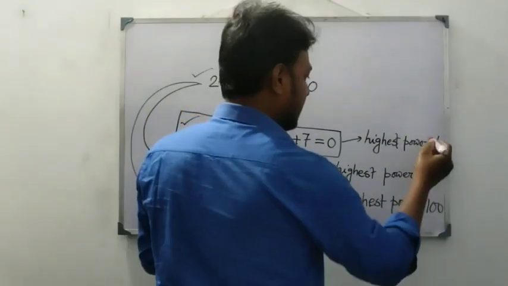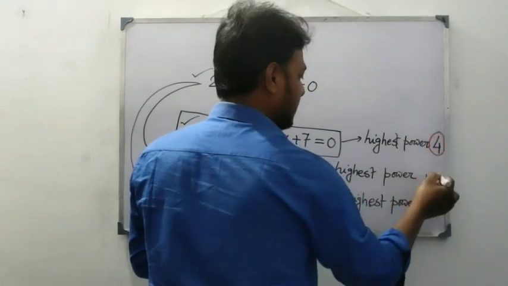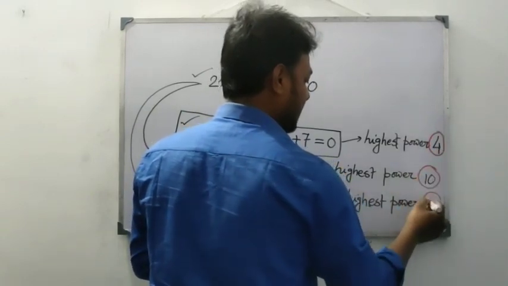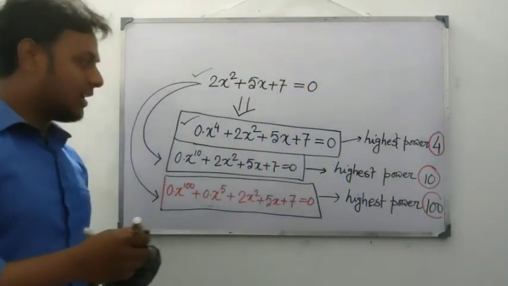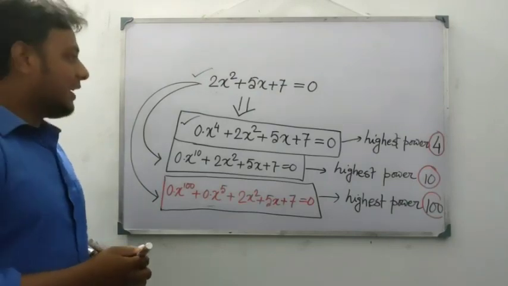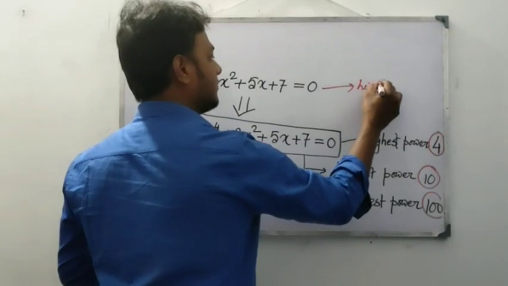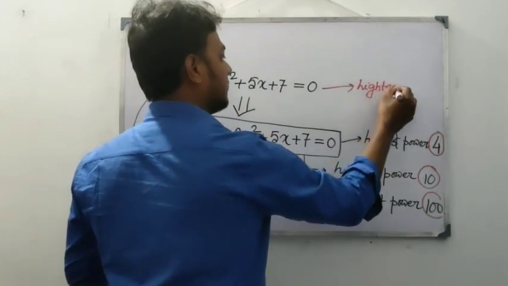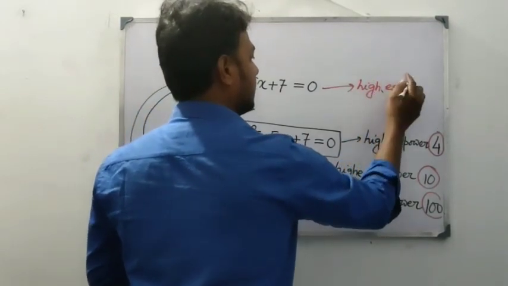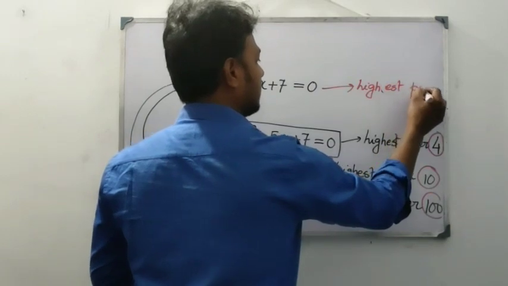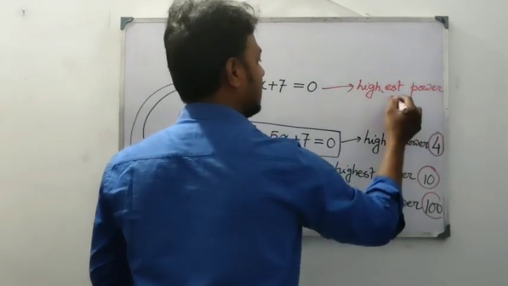So for the first one, highest power is 4, second one highest power is 10, and third one highest power is 100. Basically here highest power 2.